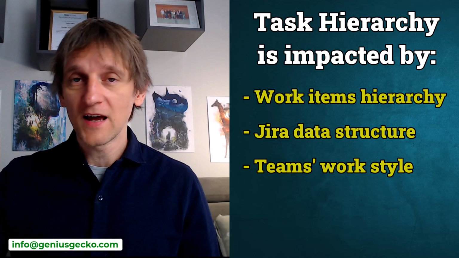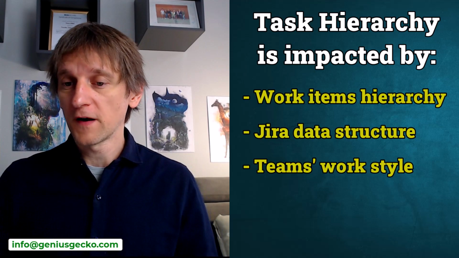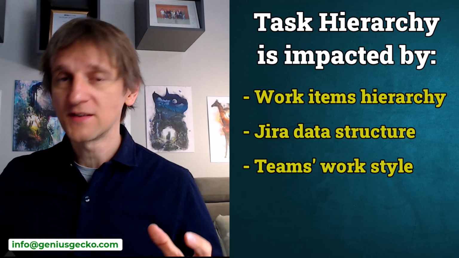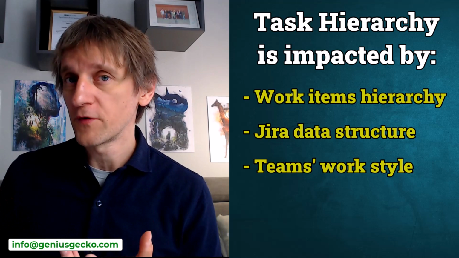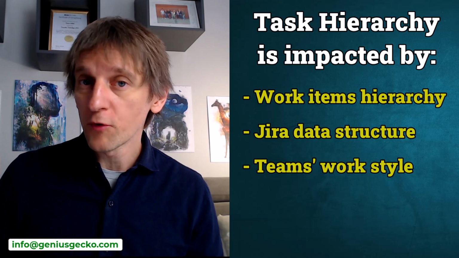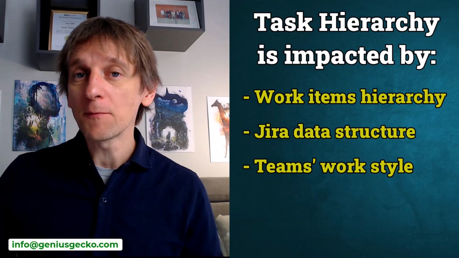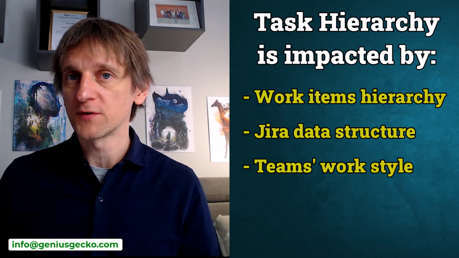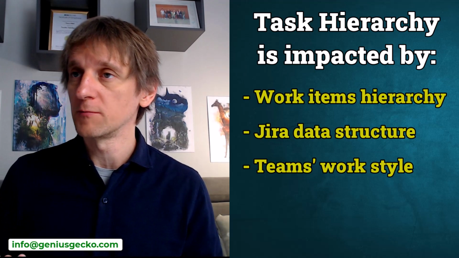For example, the client that I mentioned earlier, the Fortune 500 one, they have software teams, hardware teams, business teams, and all of them work in a different way. So all of them will probably need a different type of hierarchy, different issue types or work item types that they will be using.